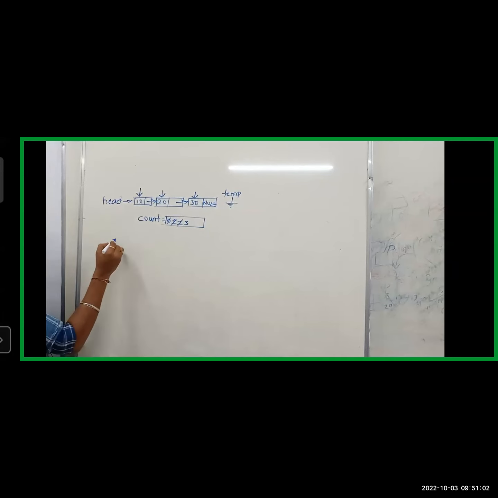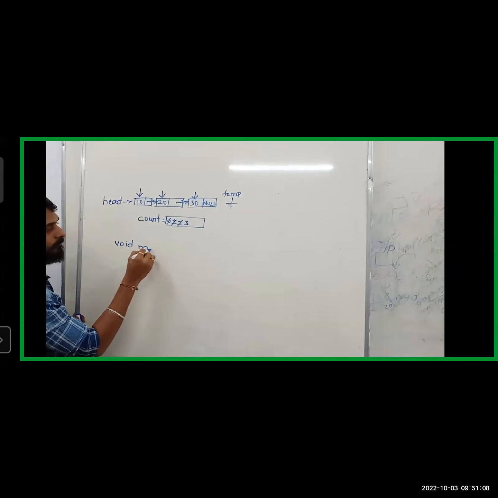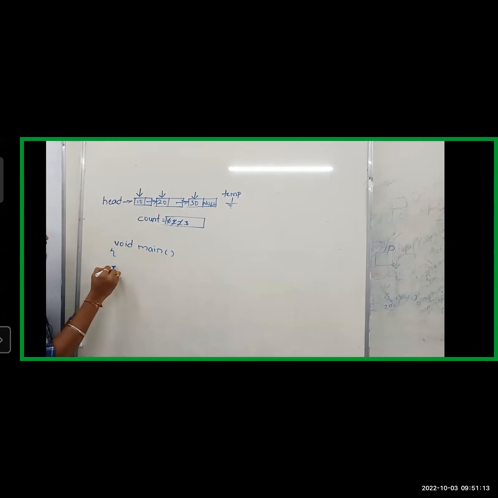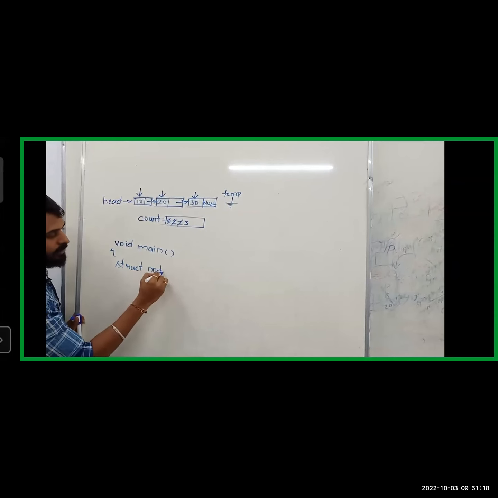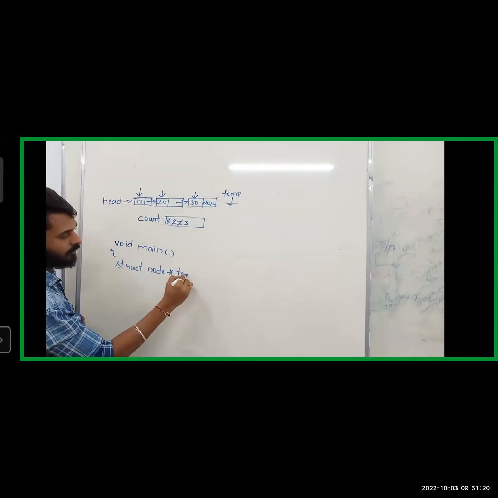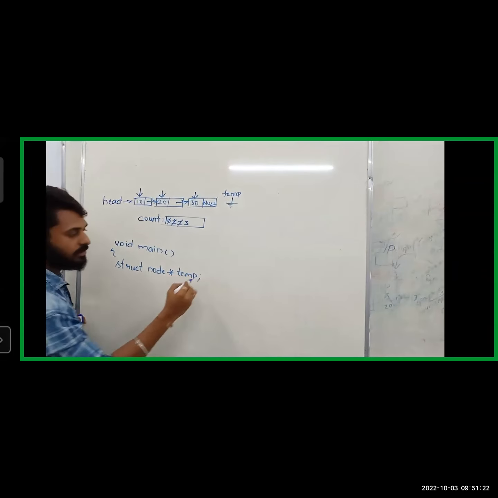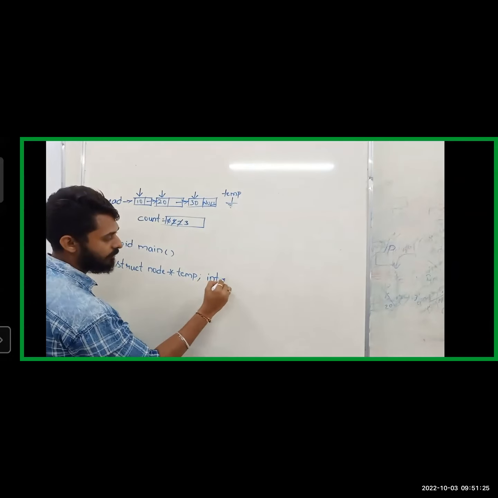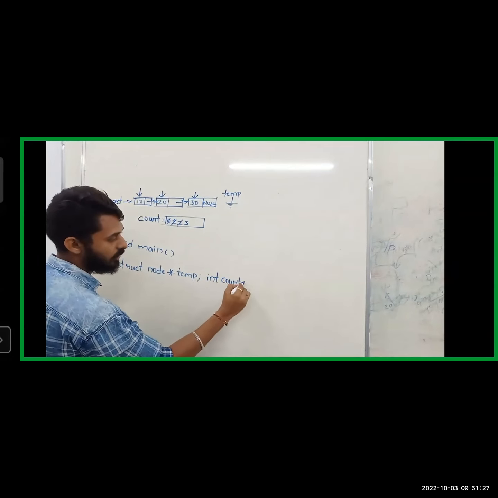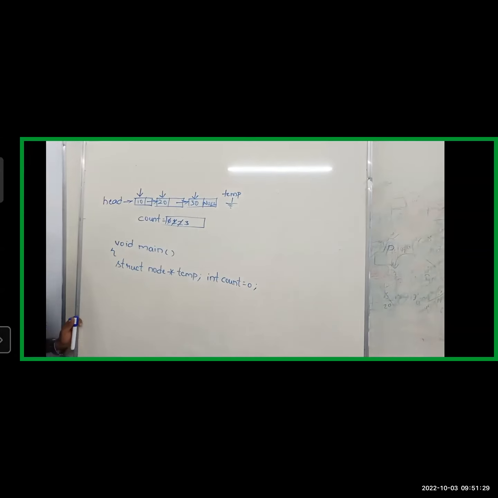Now, what is the program I should write? Void main. Inside this, first thing, struct node star temp. And then integer type count equal to 0. And then here what should I write? Directly write the logic.